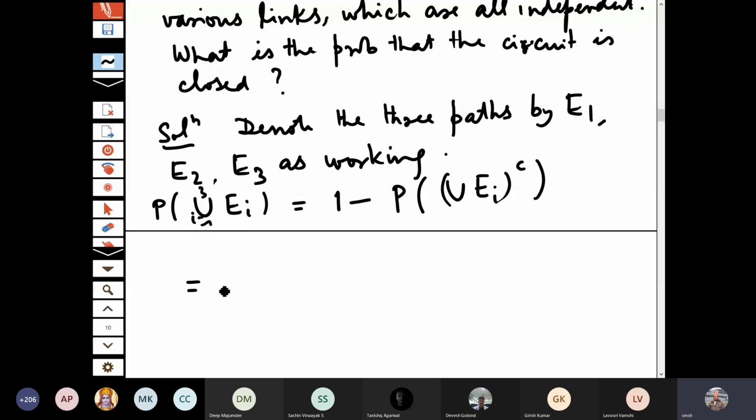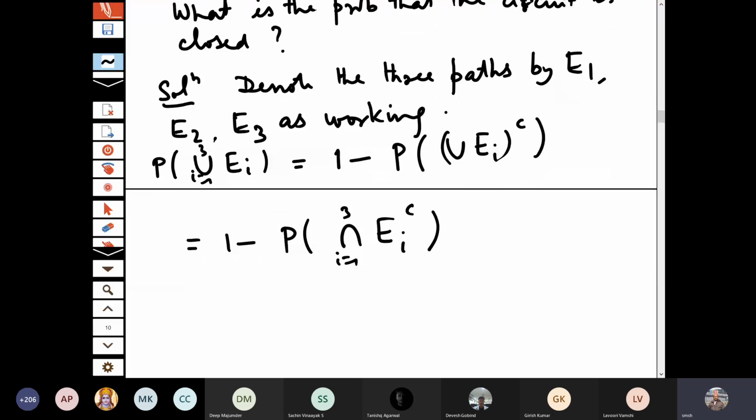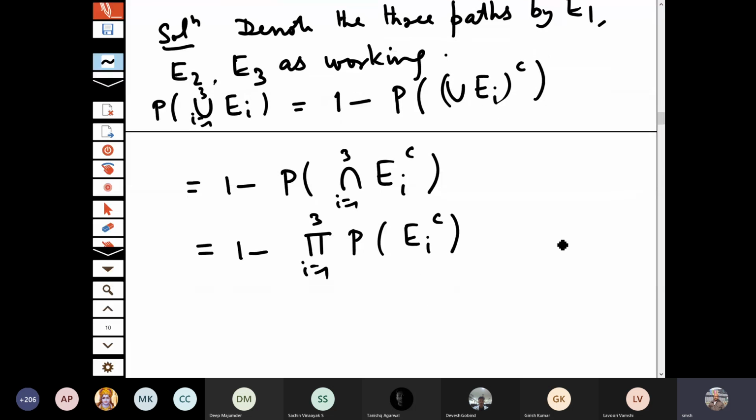So this is 1 minus probability of intersection Ei complement, i equal to 1 to 3. Since all the paths are considered to be independent, probability of intersection can be written as product of the probabilities. Now let us look at each of these probabilities.